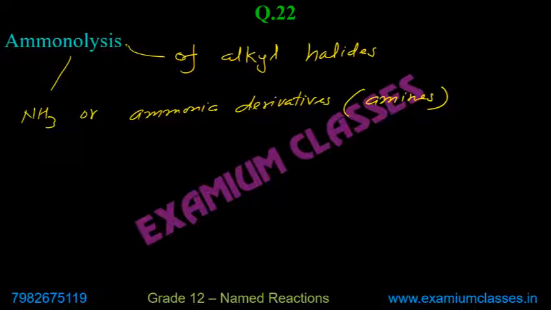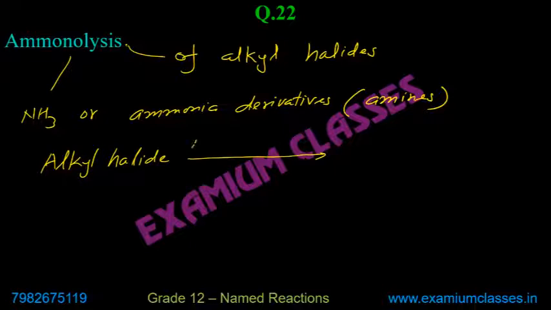So write it something like that. Alkyl halide plus arrow, ammonia or its derivatives.